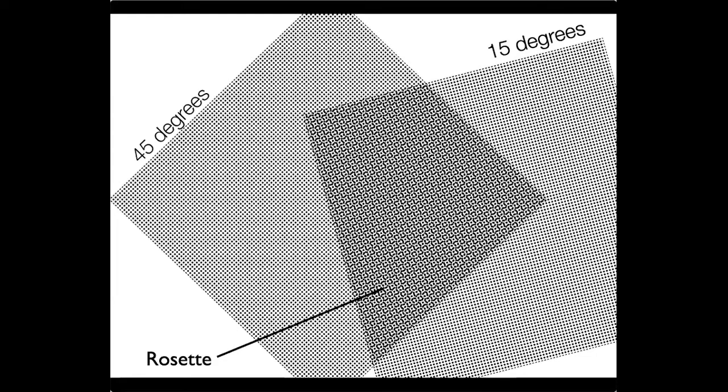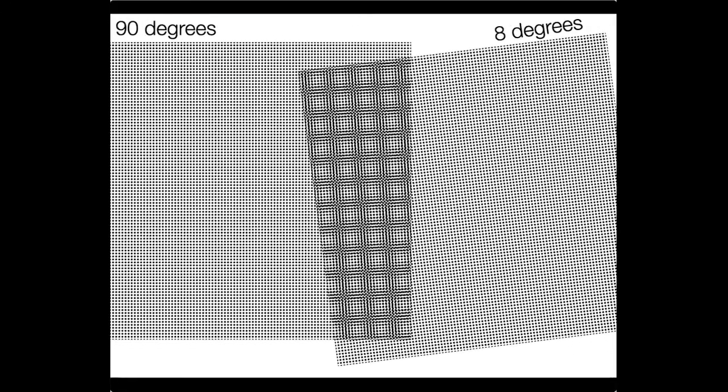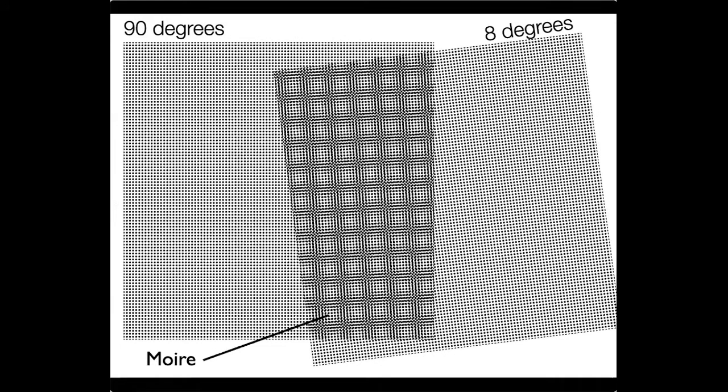So when we look at a true moire happening, that's where our screen angles aren't far enough apart. When we only have, say, 8 degrees difference here between the two overlapping screens, we get this weird grid pattern. That's just the interference that's happening there.